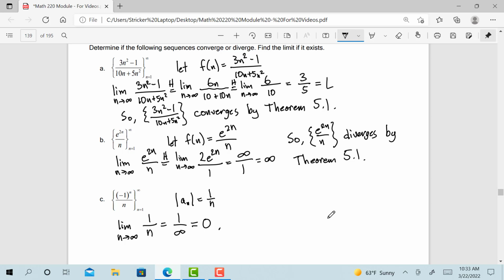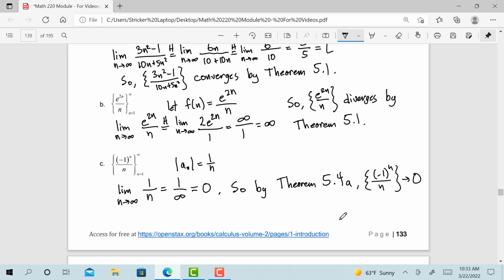So by theorem 5.4a, the sequence negative 1 to the n over n approaches 0. So does it converge? Yeah. So -1 to the n over n converges.